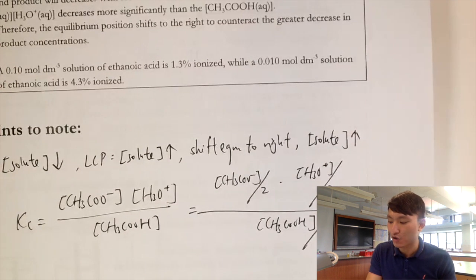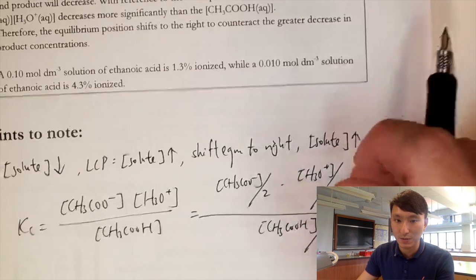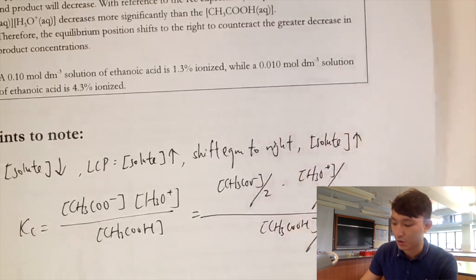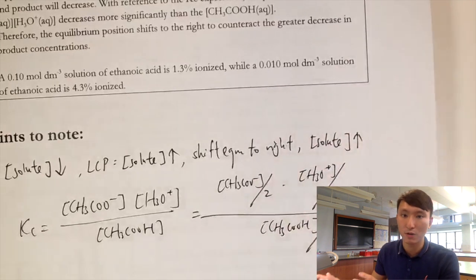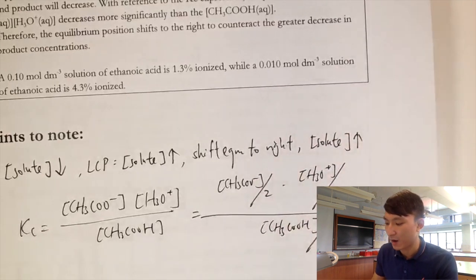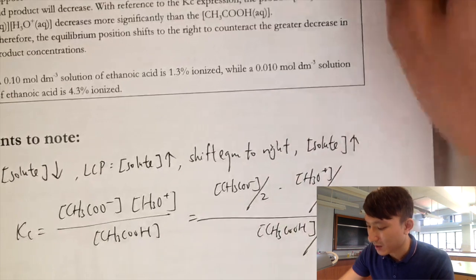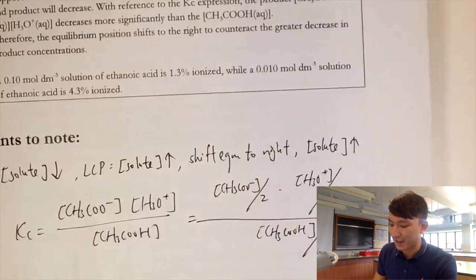So the equilibrium will shift to the product side in order to replenish the concentration of the product side. There is a 4 times decrease in concentration on top, and 2 times on the bottom. So of course we have to move back to the product side to help out with the concentration. So this is one way of thinking.